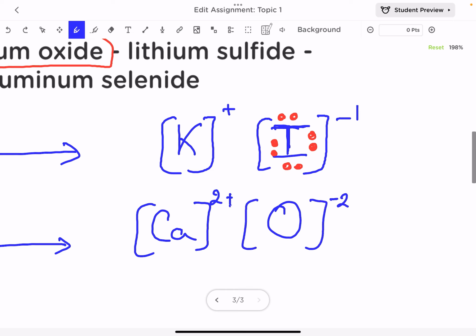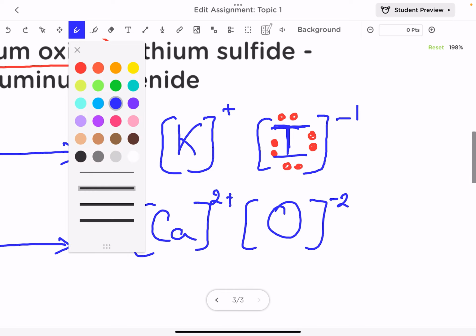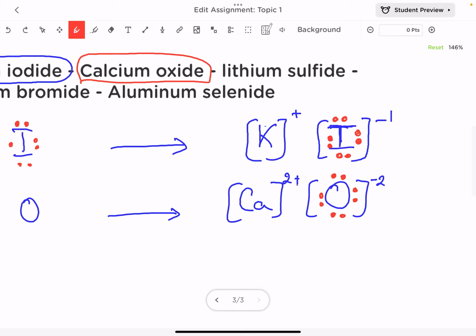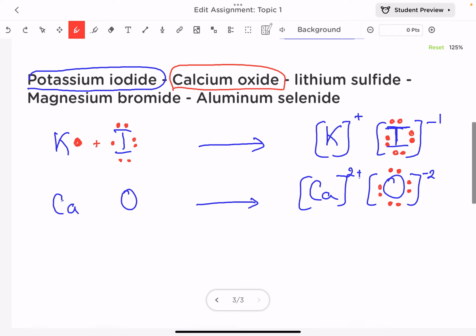And the negative ion, you place the charge and you put around it 8 dots. So always remember, the positive ion, no dots around it, just the charge. The negative ion, you put around it the charge that it formed and 8 dots. Before this happened, calcium was in group 2, so it had 2 valence electrons, and oxygen was in group 16 with 6 valence electrons.